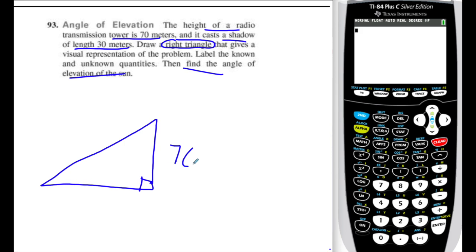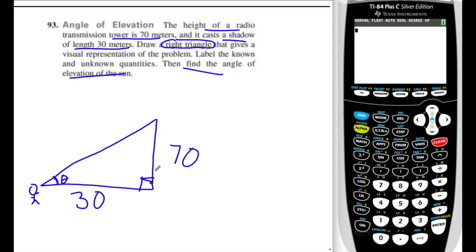I've got a 70-meter tall tower. The shadow is 30 meters, and of course, this is not drawn to scale, so you're going to have to make note of that. And what I want to know is, if I'm standing here, this is my eye, looking up, what is the angle of elevation? And I'm going to call that theta.